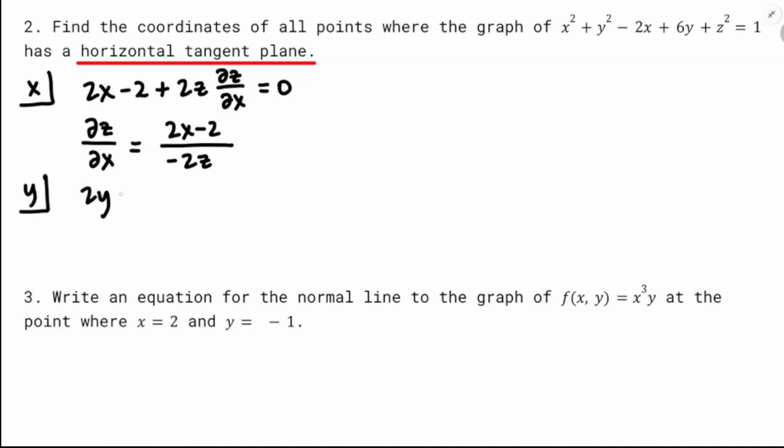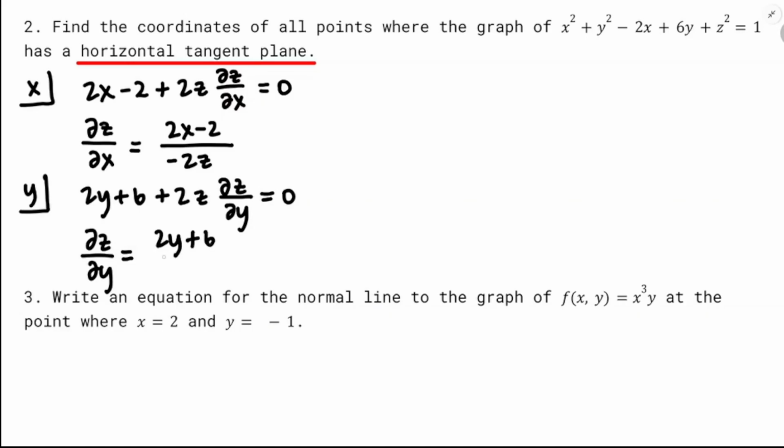Derivative of negative 2x will be 0, so I'll have 2y plus 6, and then plus a 2z partial derivative of z with respect to y for the chain rule. Now if I collect it all around, I'll get partial derivative of z with respect to y is going to equal 2y plus 6 divided by negative 2z.